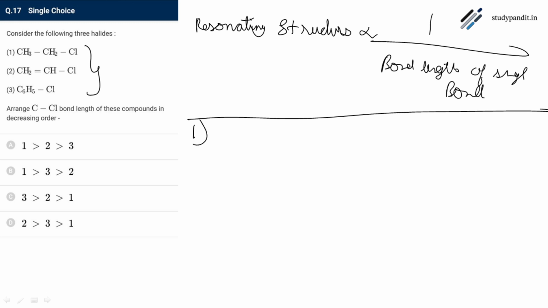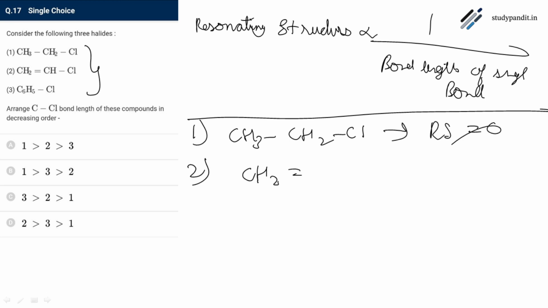For one, CH3CH2Cl doesn't have any resonating structure, 0. Number 2, CH2=CHCl has 2 resonating structures.